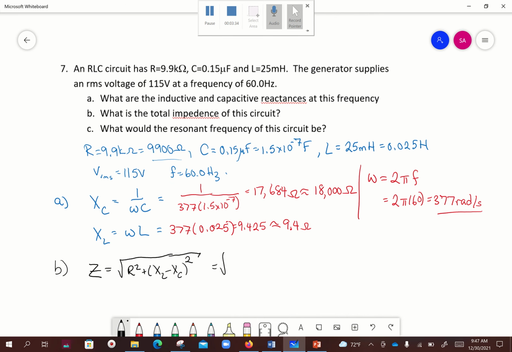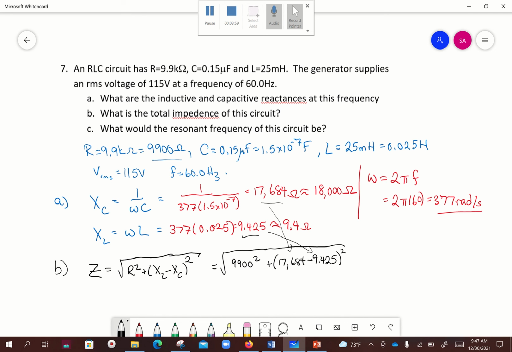All right, so R is 9,900 squared plus 17,684 minus 9.425 squared. So you can see when I'm doing this calculation, I take my unrounded numbers from part A for the reactances and I put them in there.